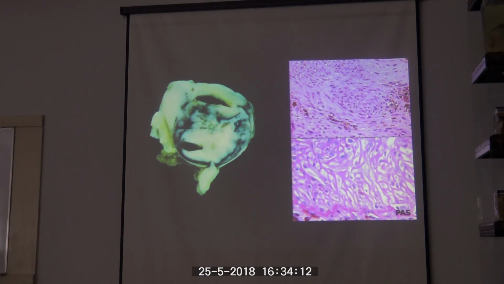So it's very typical that we have the whole globe affected, or at least that the whole circumference is affected, with only remnants of the lens remaining in the center. And again, many are spindle cell, fibroblastic type of neoplasms.